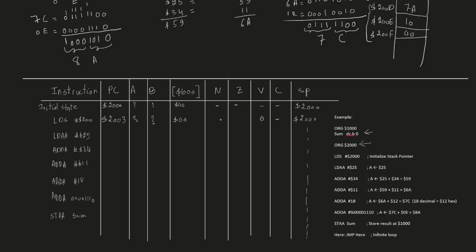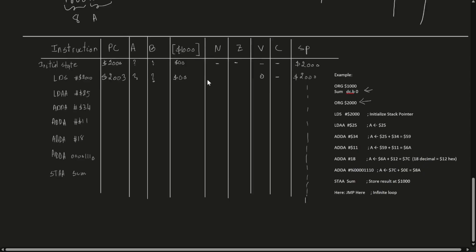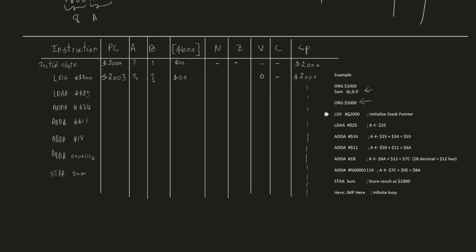And then let's see the negative flag. The negative flag is set when we execute the instruction and we get a negative value. So from the LDS 2000, we did not get a 0 value, we did not get a negative value, so those will be zeros. So the next instruction, LDAA 25. So we're loading 25 in accumulator A, but first let's see the program counter will be pointing to the next instruction.